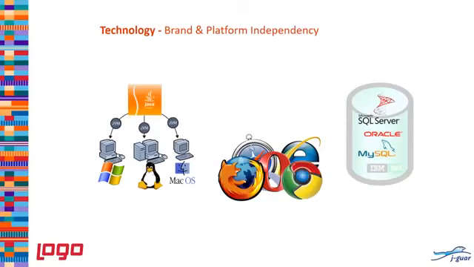First of all, as we explained in the picture before, we have an application server, we have the client, and we have the database server. The application server, because it's using Java technology, is server independent, or operating system independent to be more precise. That means you can have Windows, Linux, Unix, or even, it's not really practical, but you can have a Mac operating system to run your server.